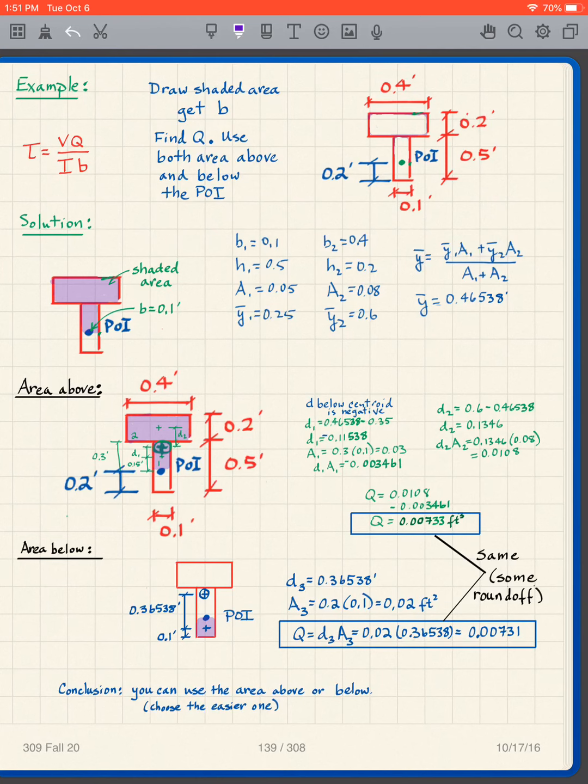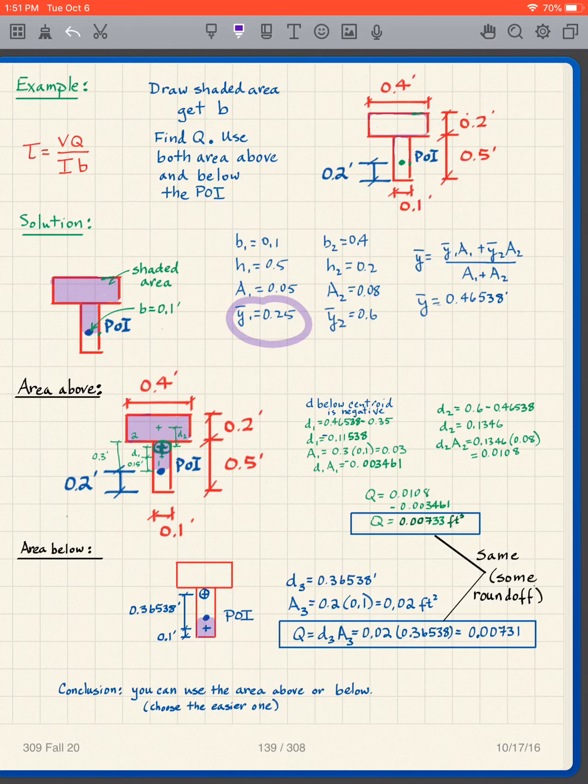So the first thing that we have to do to get the Q is, well, along the way we have to get the y bar. We had to do this with sigma. We need to do that here. So we break it up into 1 and 2, B1, H1, A1, B2, H2, A2, those are easy to get.